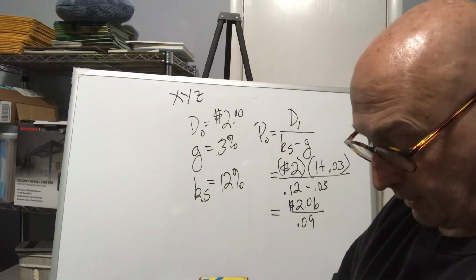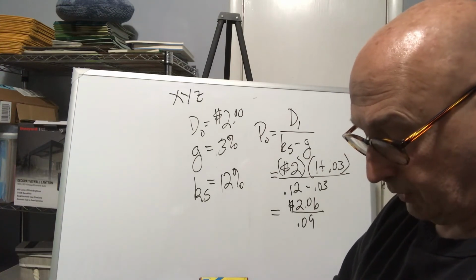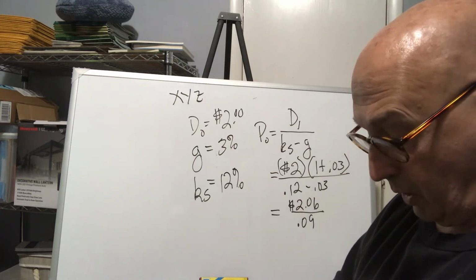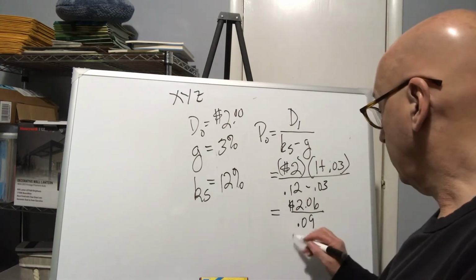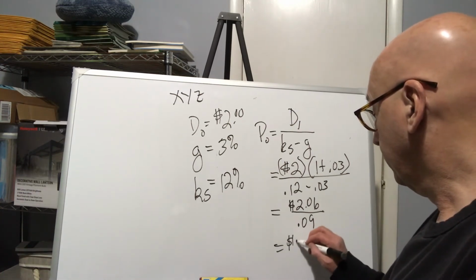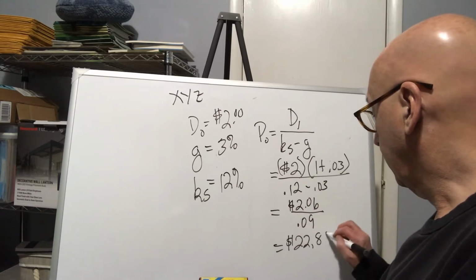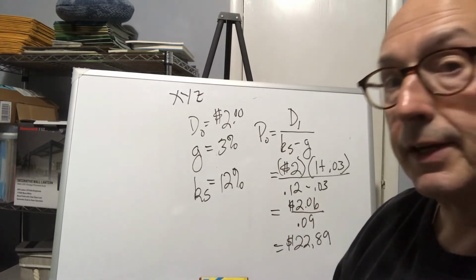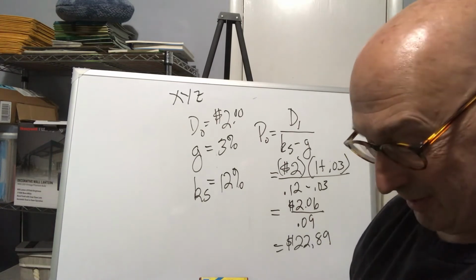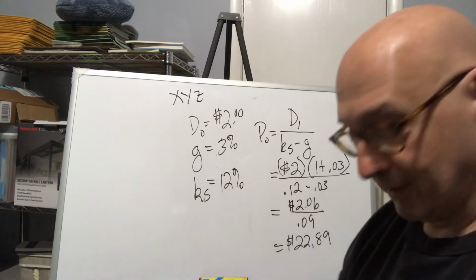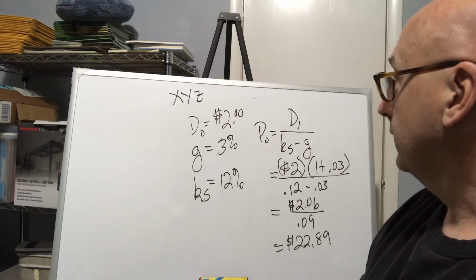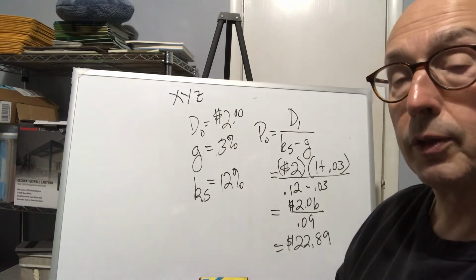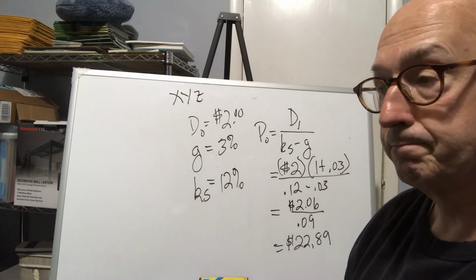So if I take 2.06 divided by 0.09, we get $22, and it's a repeating decimal, 89 cents. We'll round off. Good enough for government work, right? So anyway, $22.89 would be our estimate of what the price of the stock should be.